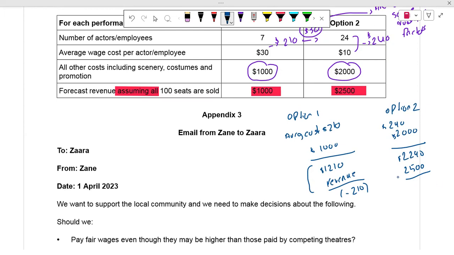So basically we will have a positive figure, which is $260. Okay, so if we adopt option 1, we will have minus $210. We will have to bear the loss. And if we are talking about option 2, we will have a profit of $260.